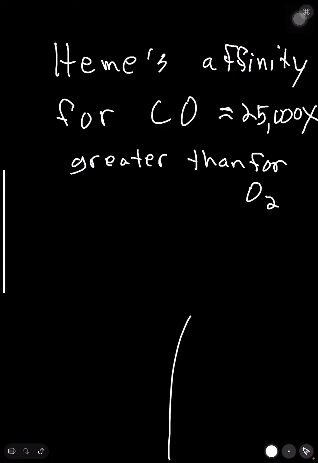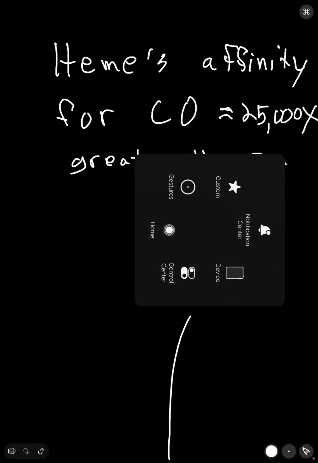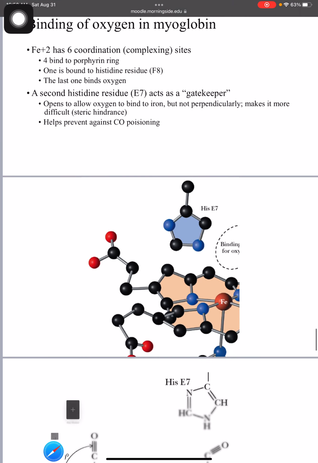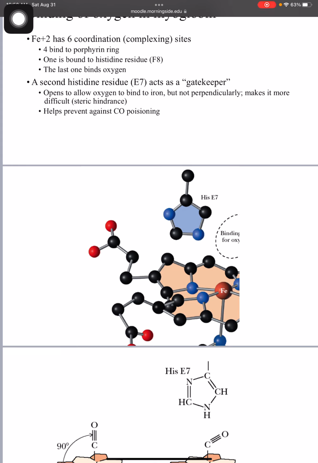That's just with regular free heme groups. However, in myoglobin, this gatekeeper kind of helps out. The gatekeeper makes it harder for oxygen to come in, that's true, but it really makes it harder for carbon monoxide. So it's more of a hindrance for carbon monoxide than it is for oxygen, right?